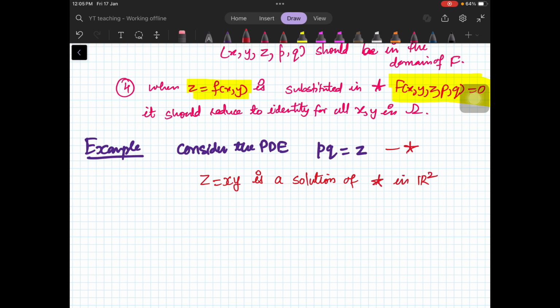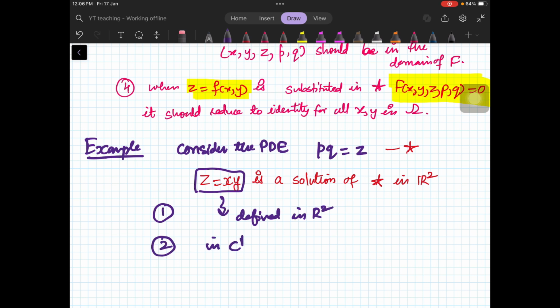See, first of all, can you see that this is defined in R2? And also this is in C1, because both the partial derivatives with respect to x as well as with respect to y exist in R2, right?